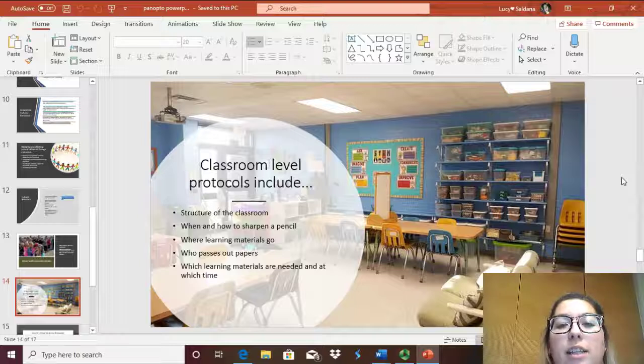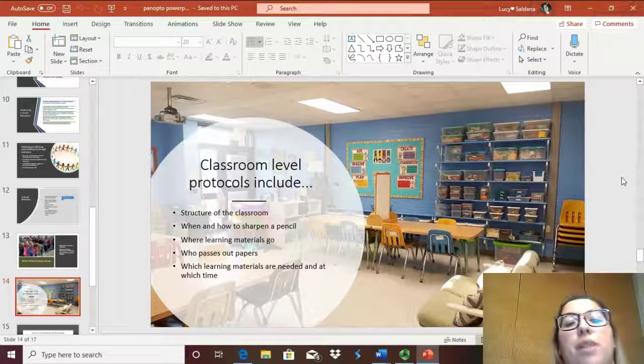It's also where they sit when they come to school, and where you have set up the library area, every activity that you have, your science area, your computer area, all those types of things that are included in your classroom.